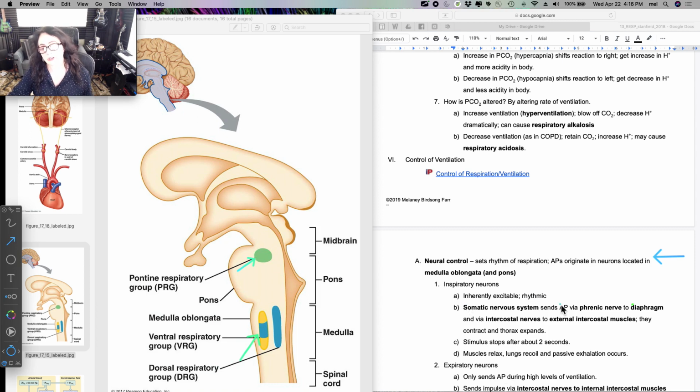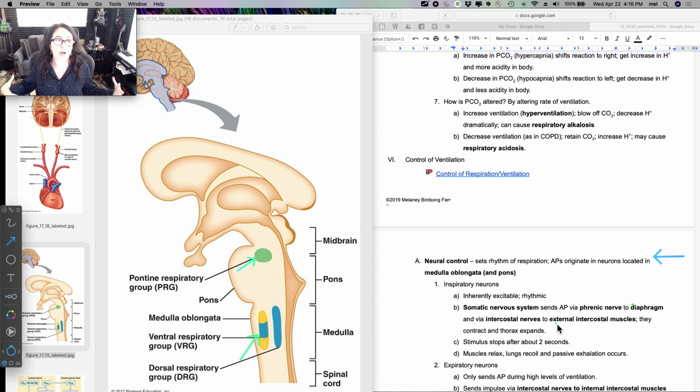Okay, so these are inherently excitable and rhythmic, and what's going to happen is the medulla oblongata and the pons get to decide, I'll tell you how in just a second, when to send out a stimulus, and they will send it out via the phrenic nerves to the diaphragm, and the intercostal nerves to the external intercostal muscles. And then they are going to send stimuli for about 2 seconds, causing contraction of the diaphragm and the external intercostals.